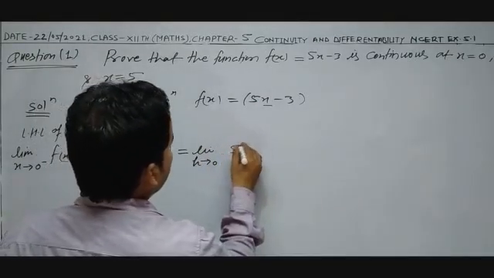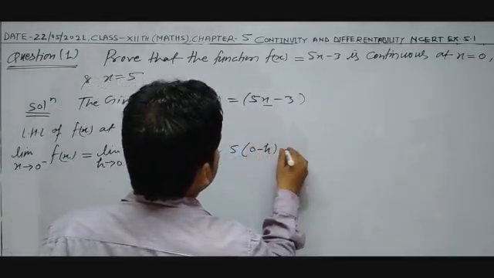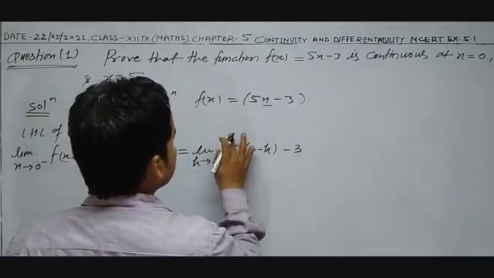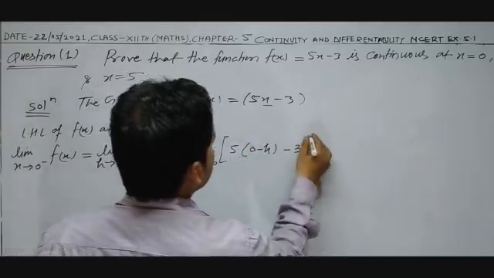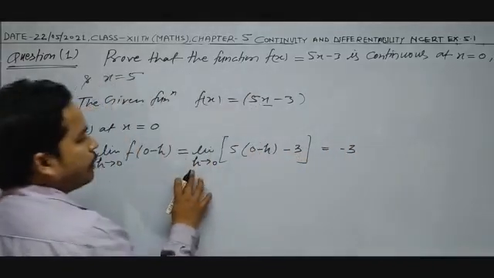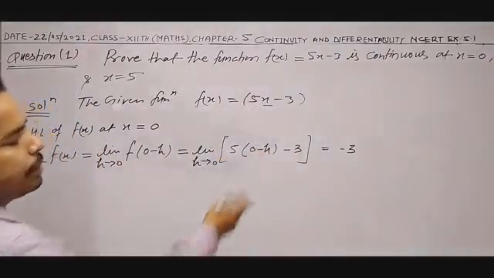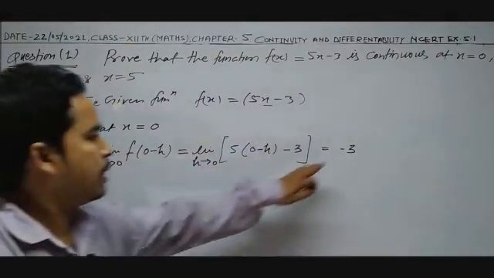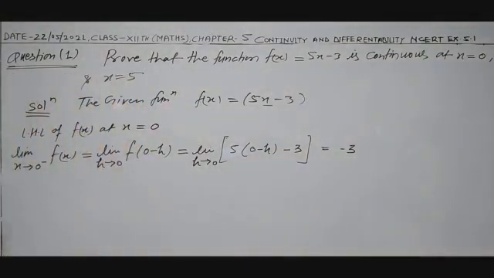Function will be 5 times 0 minus h minus 3. So its result is minus 3. When you put h tends to 0, the result will be 5 into 0, that is 0 minus 3, and minus 3 is the left hand limit of the function.